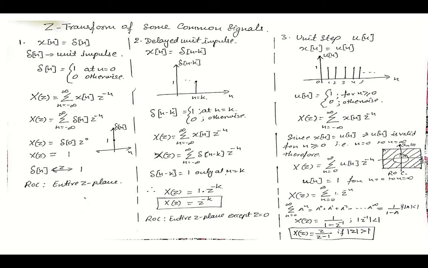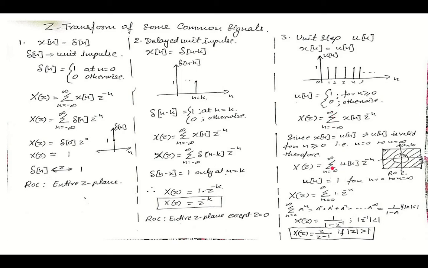If I put X(z) equal to sigma n equal to minus infinity to plus infinity x[n] into z to the power minus n, since u[n] is valid only for n greater than or equal to 0, I can change these limits to n equal to 0 to infinity.